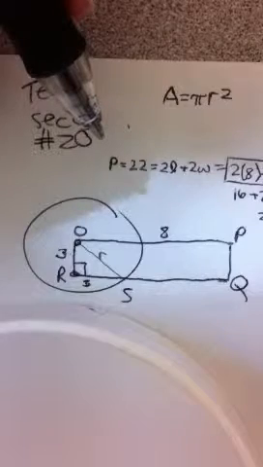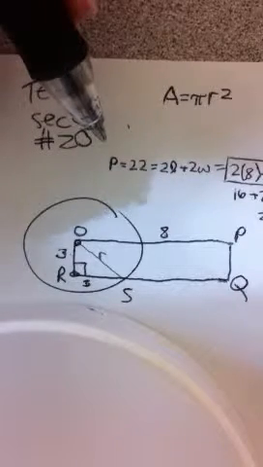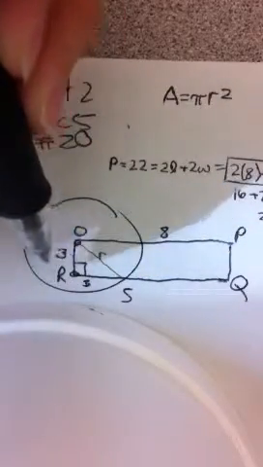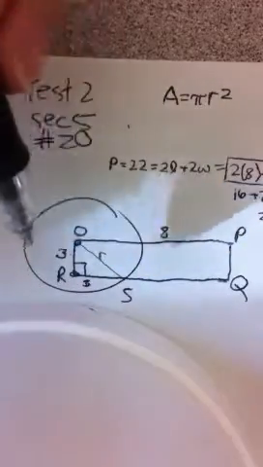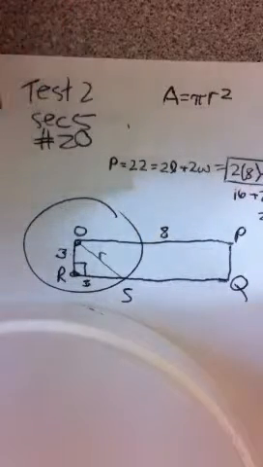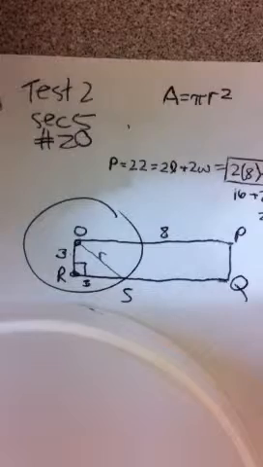Now, if RS is 3 and OR is 3, and we're trying to find the hypotenuse, we can simply use our knowledge of the 45-45-90-degree triangle.